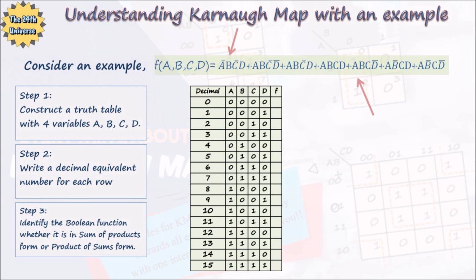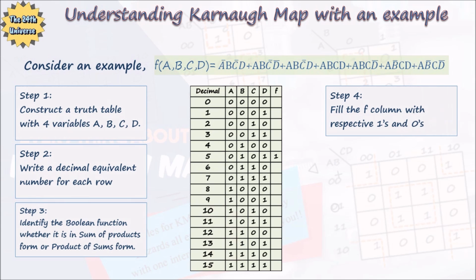So put 1 in the F column for this combination of inputs, that is, 0 1 0 1 is equal to 1. Next is a b c bar d bar, meaning 1 1 0 0. So put 1 in the truth table for the 1 1 0 0 combination. Similarly, fill the F column, and all the unfilled rows are marked with zeros like this.